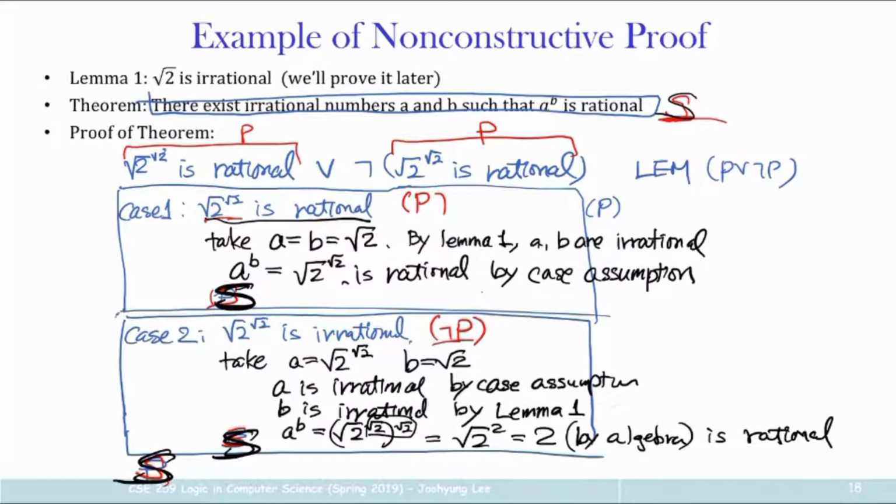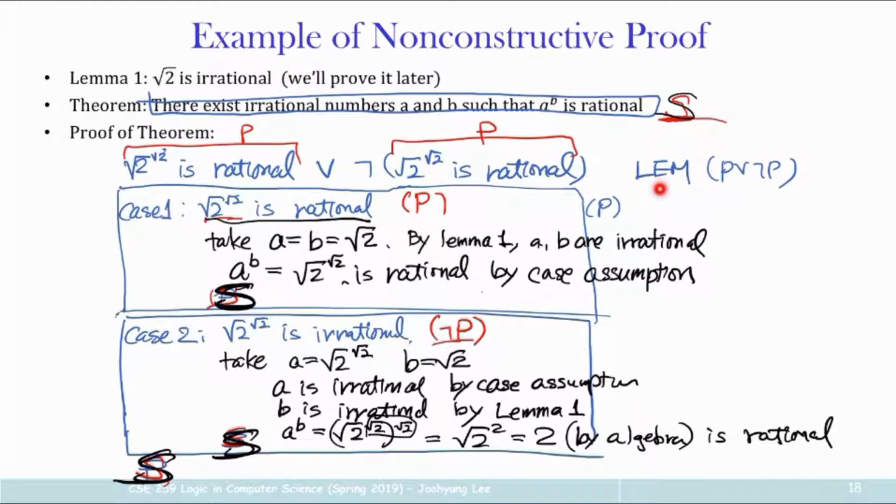Okay, so let me go over this proof again. This is a bit non-trivial, but it actually perfectly fits the natural deduction. So first, we assume either this fact is true or the negation of that fact is true. This is by the law of excluded middle.